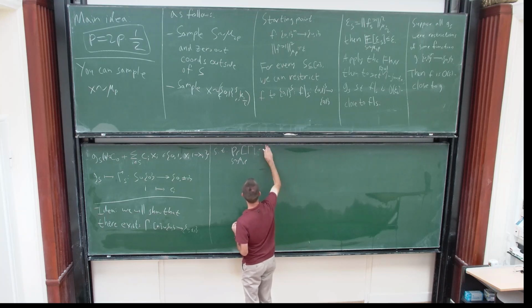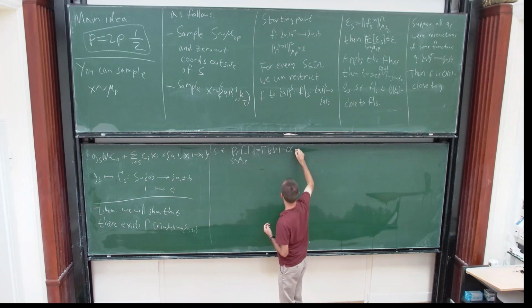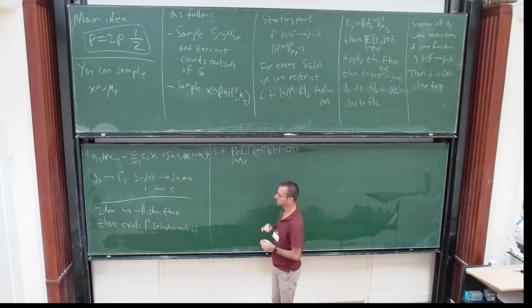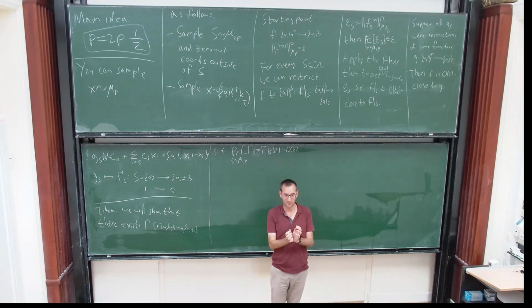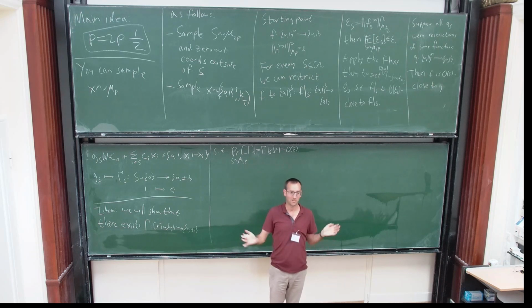Or rather, I want to state it differently. Gamma_S is equal to the restriction of gamma to S with probability 1 minus order epsilon. So the way I'm going to paste these functions G together is by pasting these coefficient vectors together. And we're going to see later, hopefully today, how this is done.